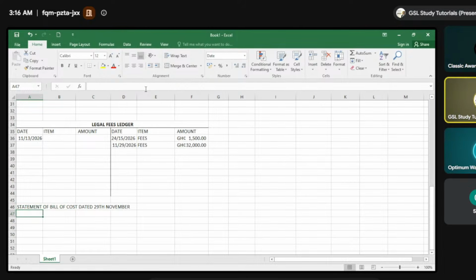What is the rule? The rule is this. We look at cash remitted by clients, less office account and client account expenses.